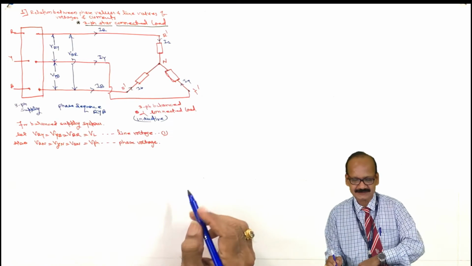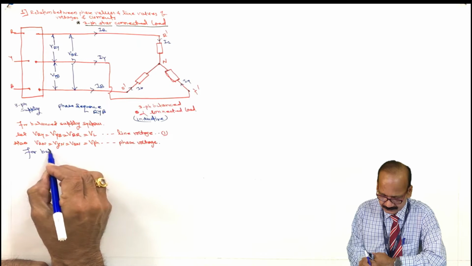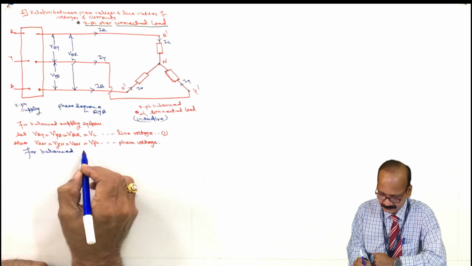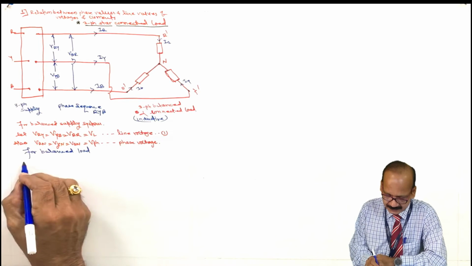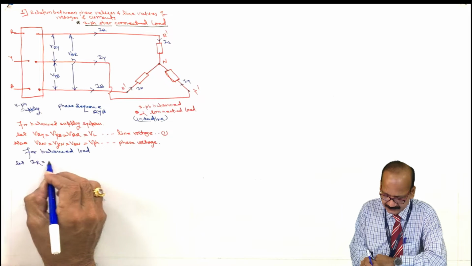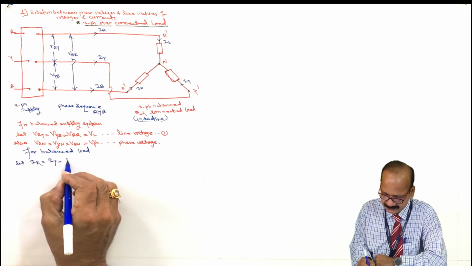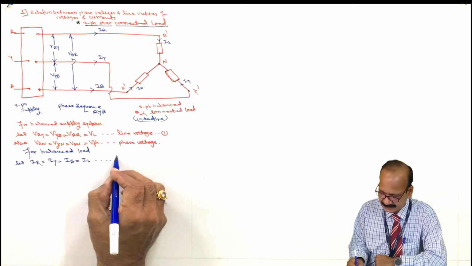Then for the balanced load, let capital IR equal to capital IY equal to capital IB equal to IL, that is line current.